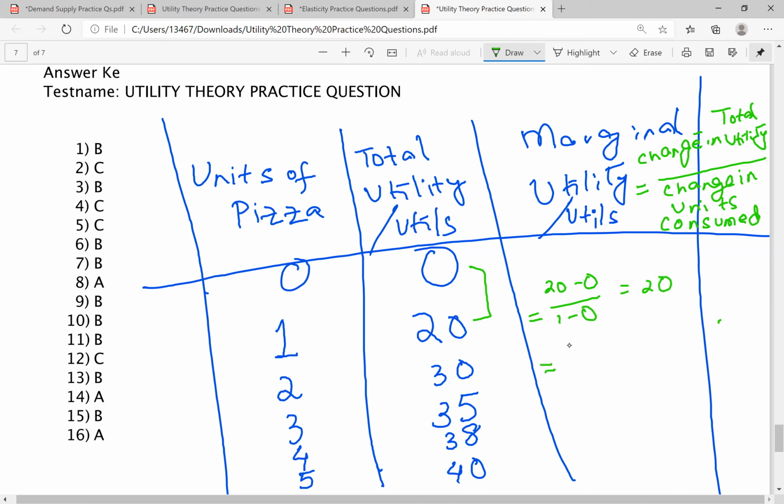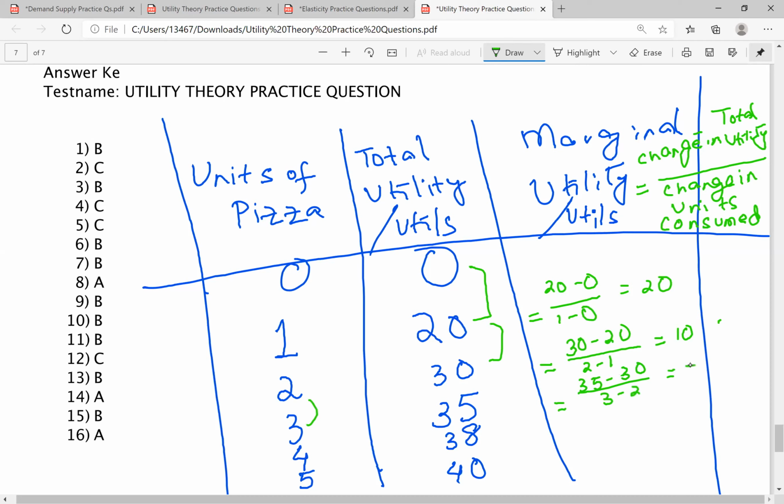Next one, 30 minus 20 over 2 minus 1. This is equal to 10 because 10 over 1 is equal to 10. Next one is 35 minus 30 over 3 minus 2.